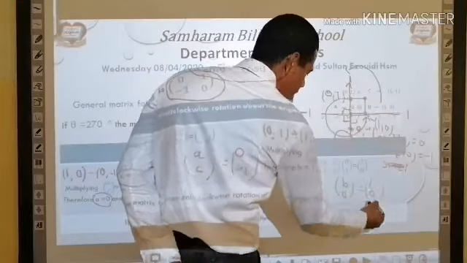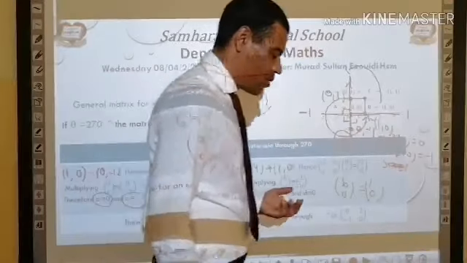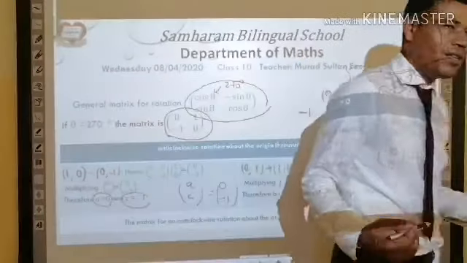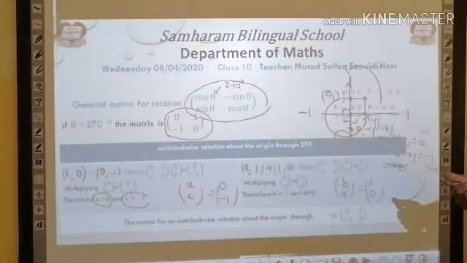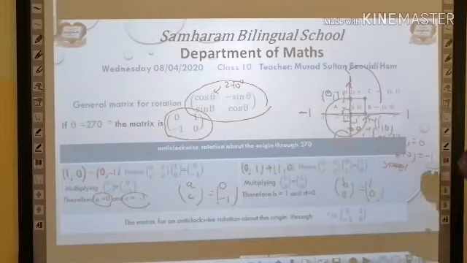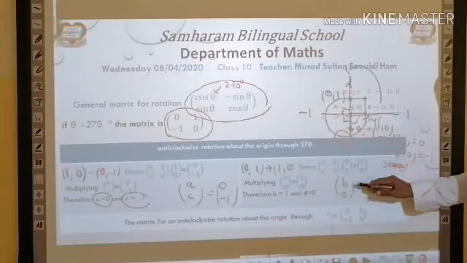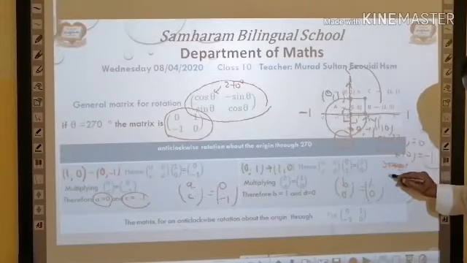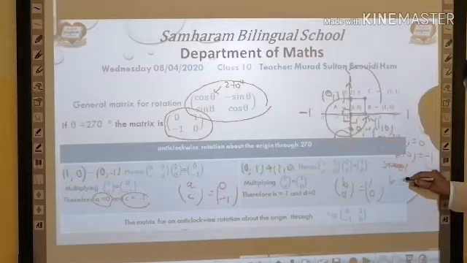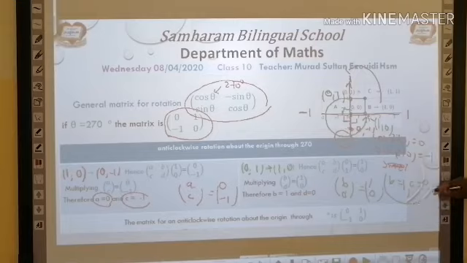Now you can equate both matrices, because both are equal and have the same order. Equating corresponding entries means B equals 1 and D equals 0.